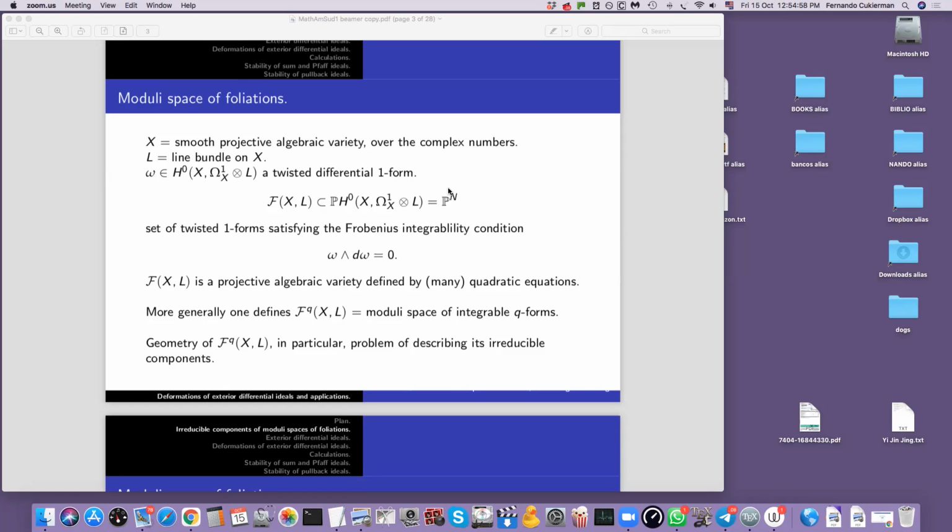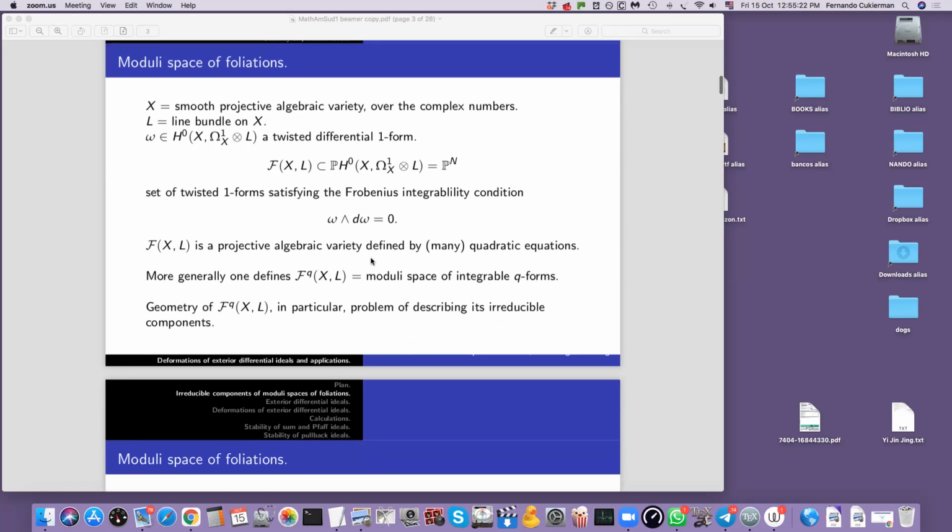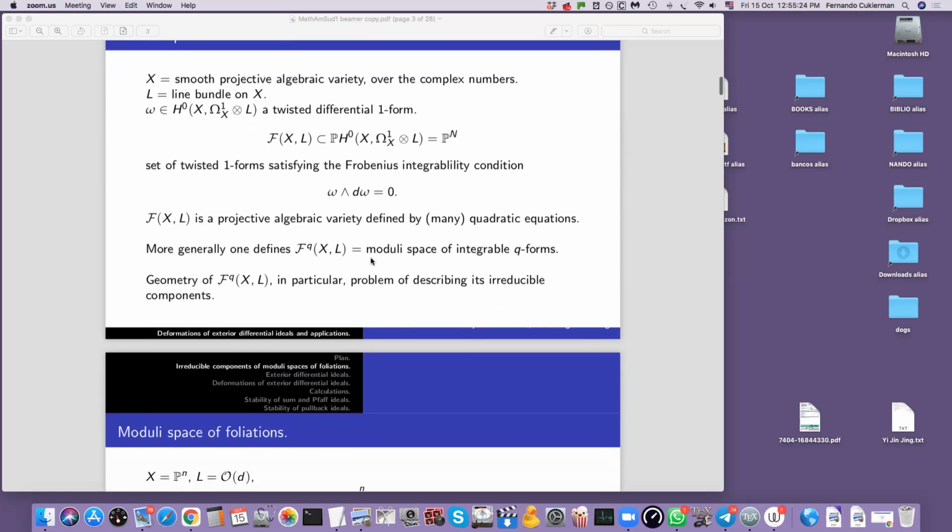Inside this big projective space, this condition amounts to quadratic equations, because this is quadratic in omega. Omega appears 2 times. This is a quadratic condition in omega, and this is equal to 0. These are many quadratic equations. The number of quadratic equations is actually bigger than the dimension N of the ambient space.